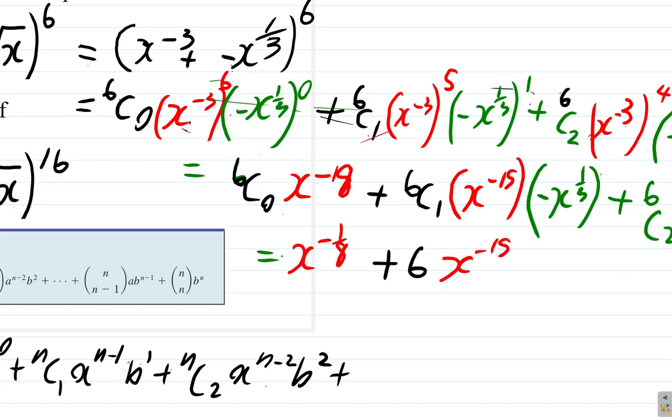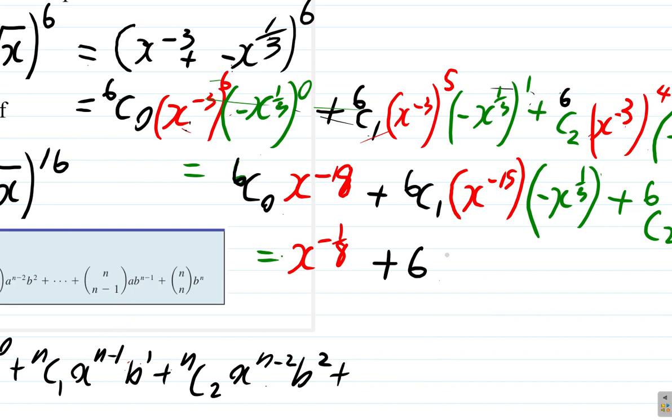Now, when you say x to the negative 15, let us just work it out right here. X to the negative 15 times negative x to this.